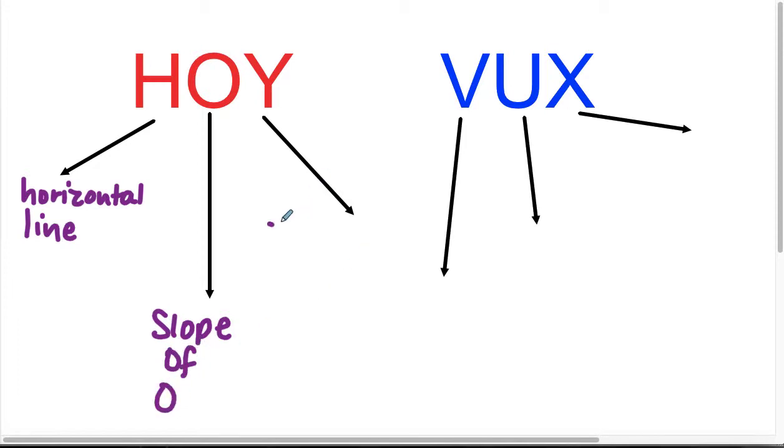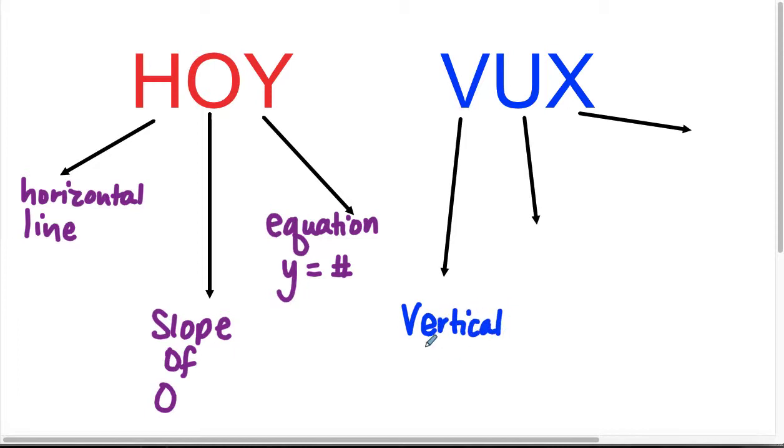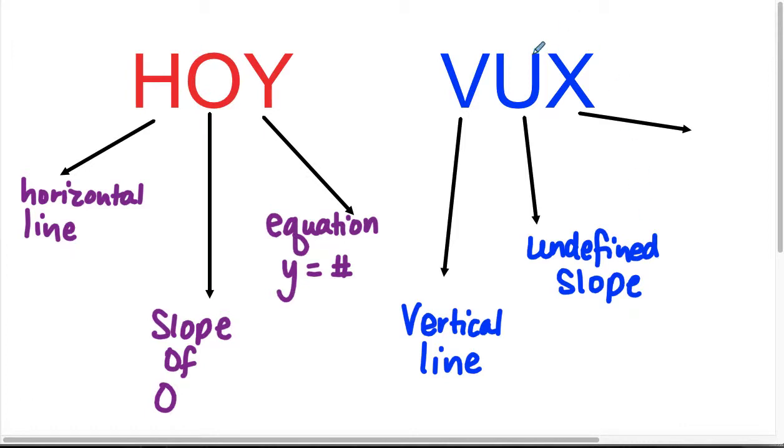And its equation, or its name, is y equals some number, whatever y coordinate it passes through. Whereas the vertical line, VUX, is a vertical line. It has an undefined slope or no slope, because we can't even run on it, for goodness sakes. And its equation is x equals a number, and it would be the x coordinate that it goes through.